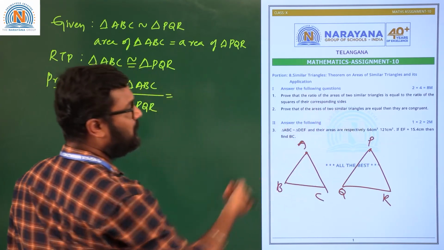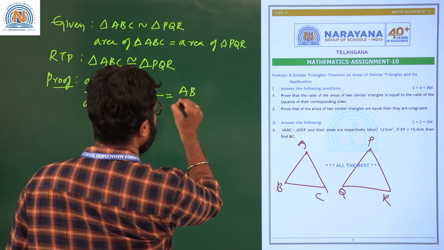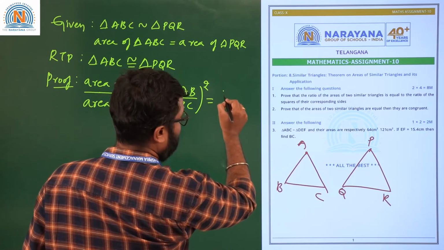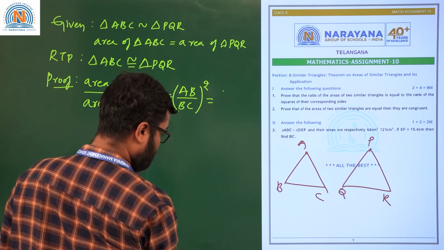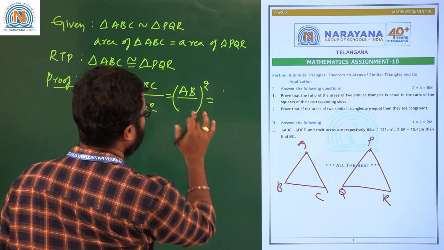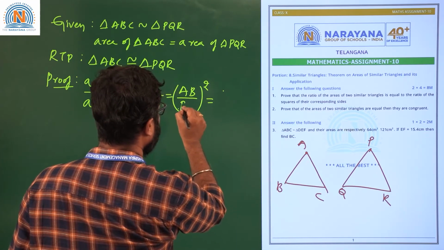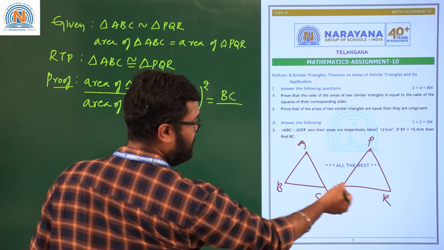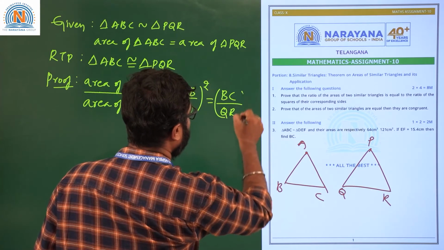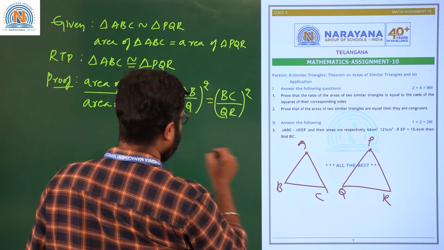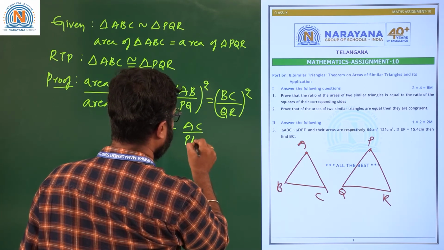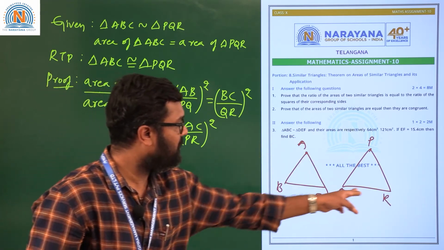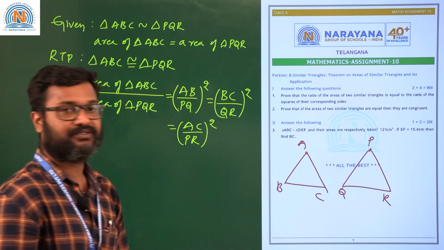Ratio of the squares of their corresponding sides, that is AB by PQ whole square, BC by QR whole square, AC by PR whole square, isn't it?